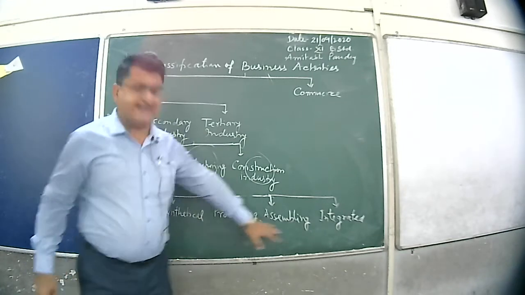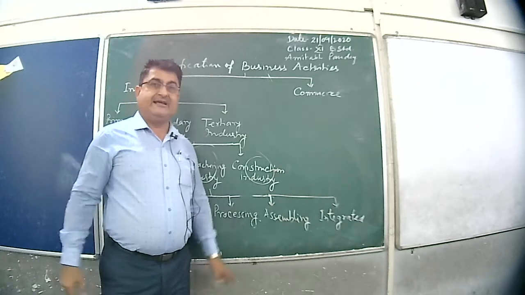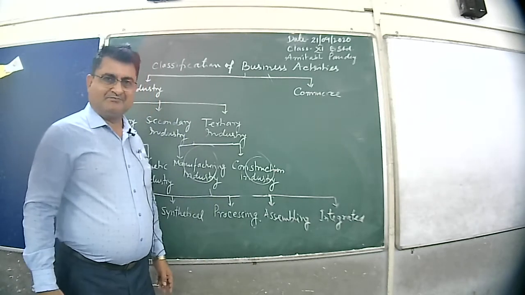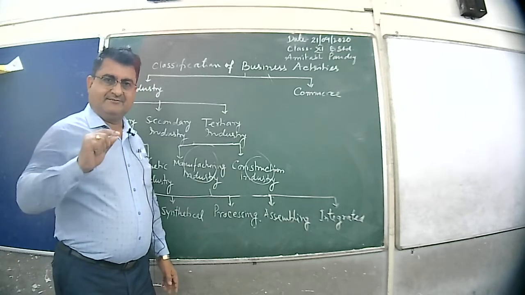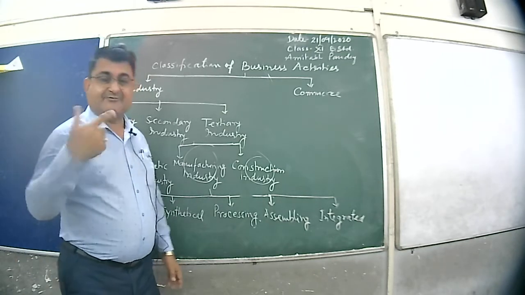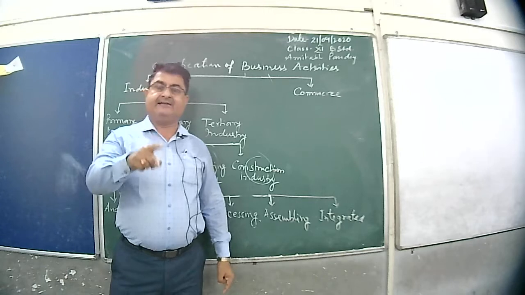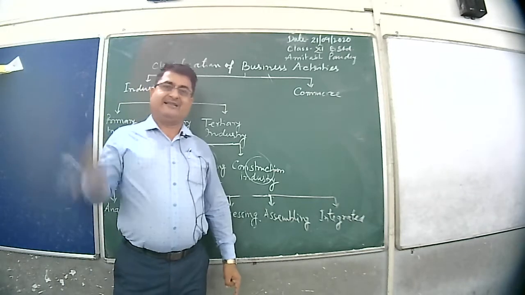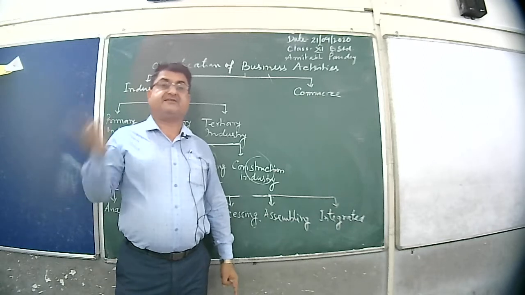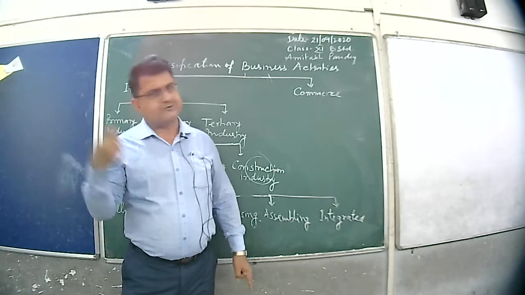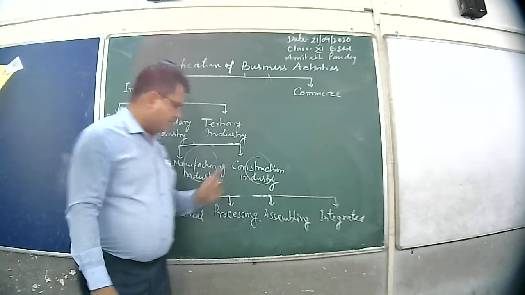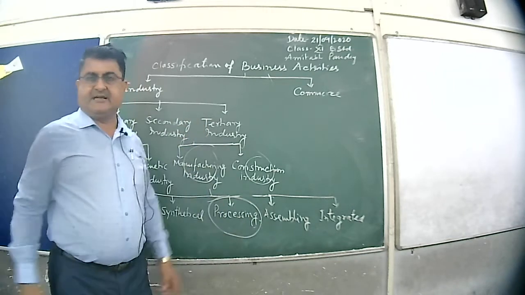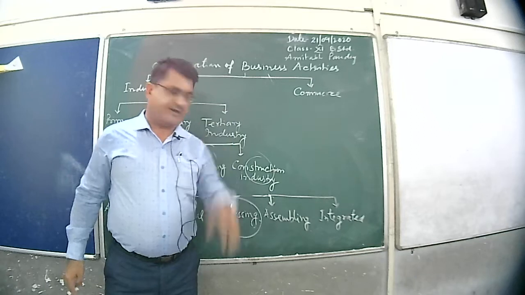But in the processing industry, where textile industries follow processing, what happens? Cotton gets converted into spindles, then those spindles are woven into cloth, and then the bleaching process of that cloth happens, and then the actual finished product is obtained. So these entities perform the processing process for getting output production.